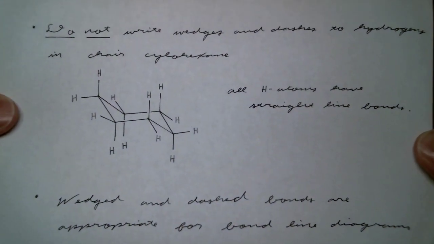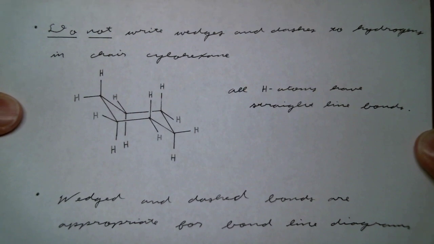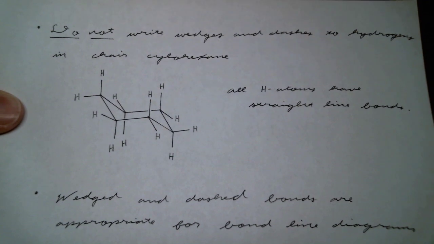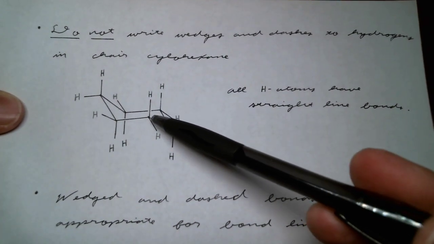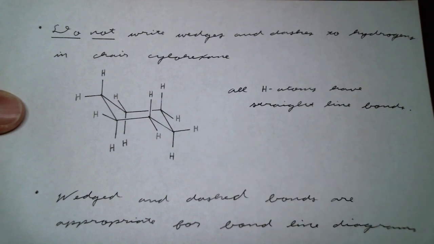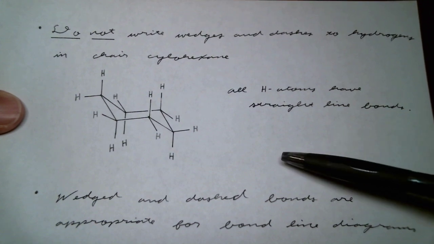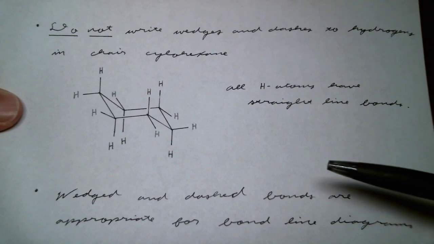So I would ask, please do not write wedges and dashes to hydrogens in chair cyclohexane. It's already a three-dimensional model. And you can see in this chair structure, I've bold-faced the carbon-carbon bonds that are closest to us. All hydrogen atoms should have straight-line bonds, even though straight-line bonds in a bond line diagram imply that the bond is in the plane of the page.